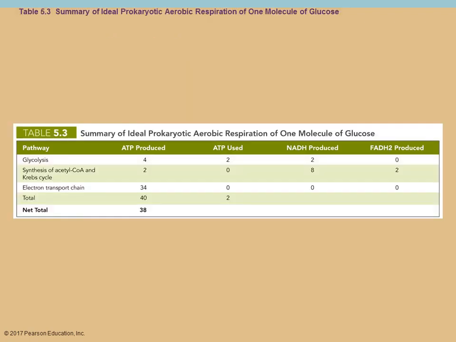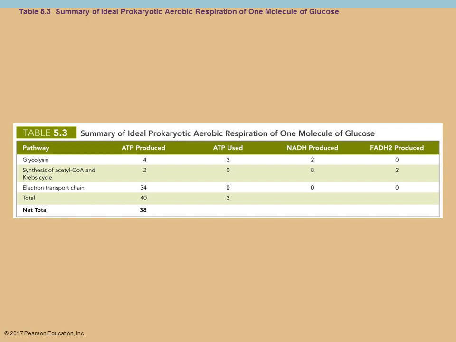step. Now, this is a summary sheet showing, for 1 molecule of glucose, this is for prokaryotic cells, how many ATPs were produced and how many were used.